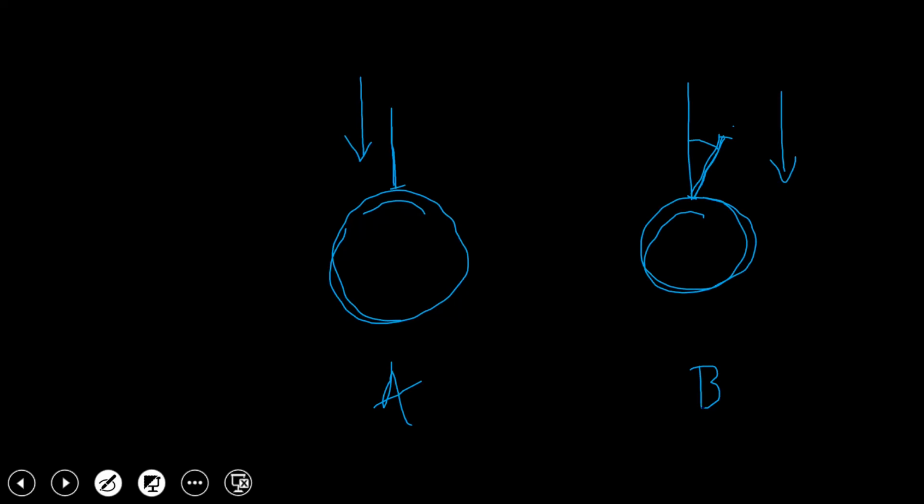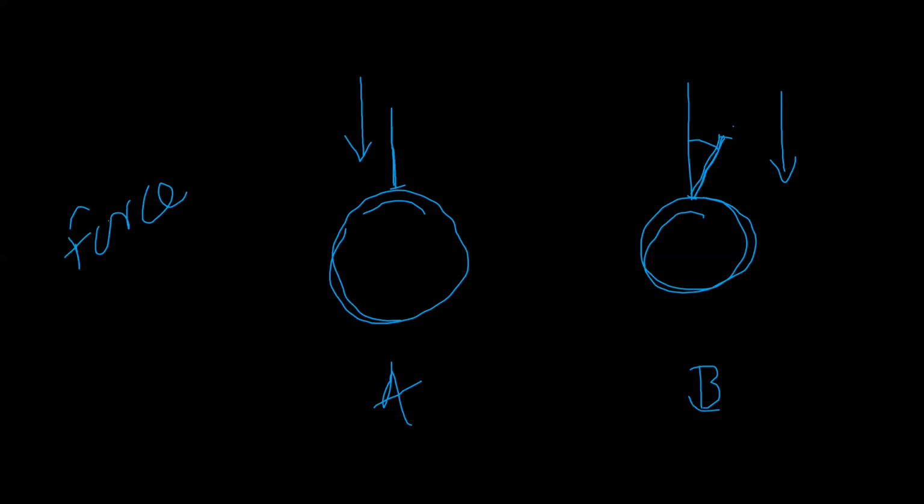Suppose that situation is situation B. Now, a few students might have observed that in one situation you need to apply more force, and in the other you need to apply less force. So can you tell me in which scenario you will have to apply more force, and in which the force requirement will be slightly lower compared to the other? The situations are situation A and situation B.